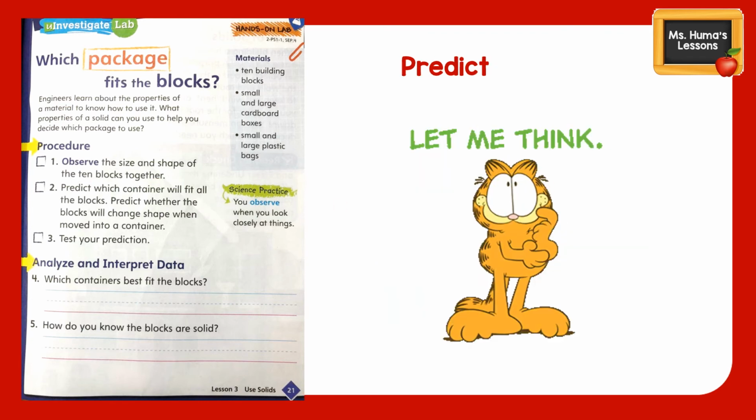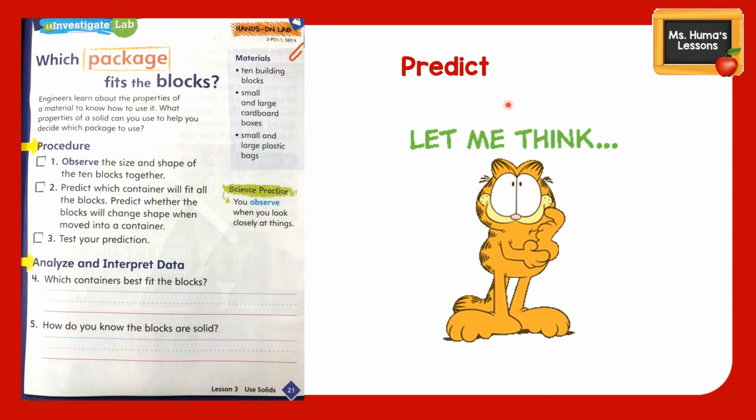Next, we are supposed to predict. And what is predict? Predict is when we are thinking and, before the time, we come to know, I think this block will best fit in this box, or I think this box will not be okay for the block.